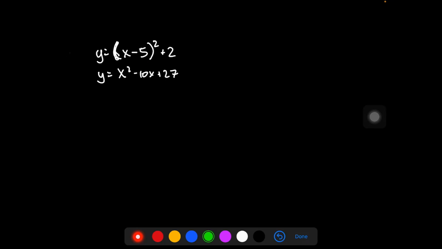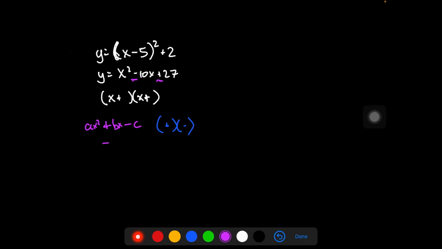And so we're in standard form now, but how do we get back to that? If we're given standard form, how do we get back to that x plus or minus something factored form? Well, the first thing we need to recognize is our signs here. If we've got ax squared plus bx plus c, and we are plus minus, then we're going to be working with a plus minus in parentheses.